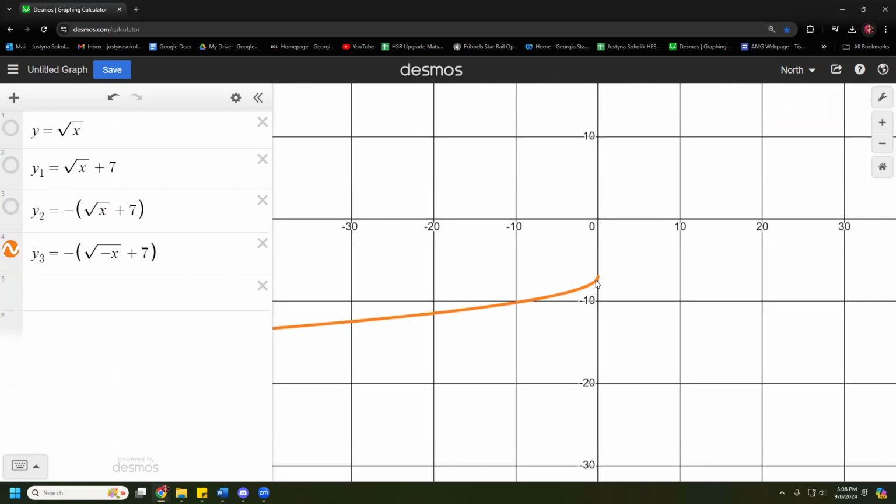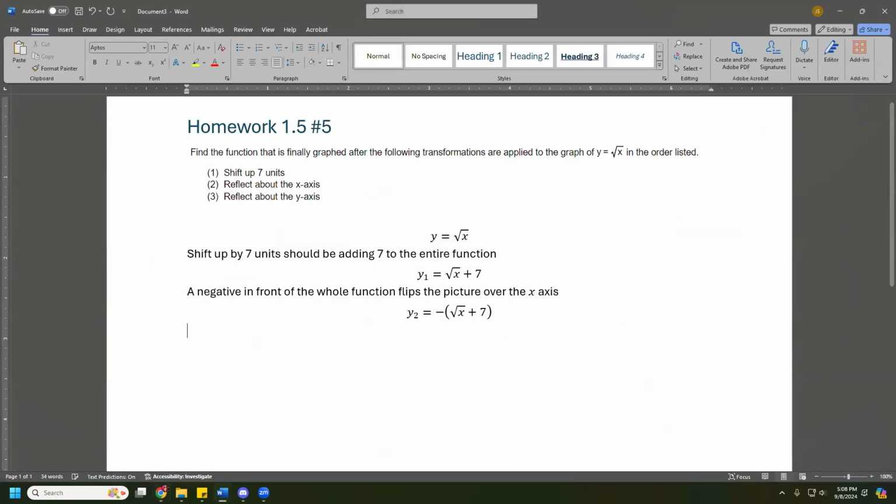So in the end, this is my final result when all of the transformations are applied in order. And let's categorize that over here. A negative in front of just the x causes the picture to flip over the y-axis.